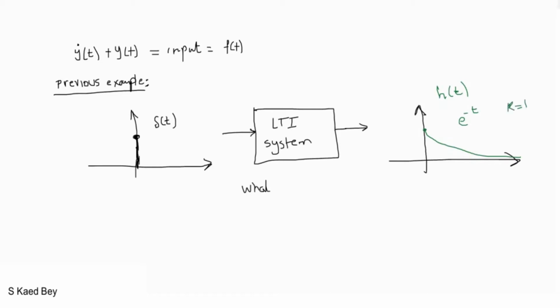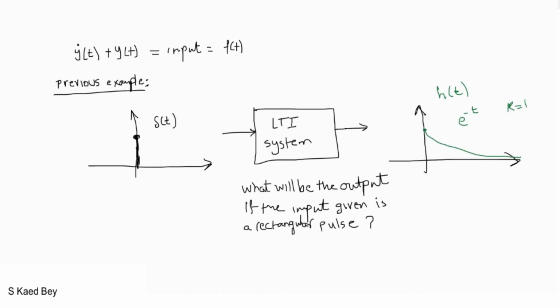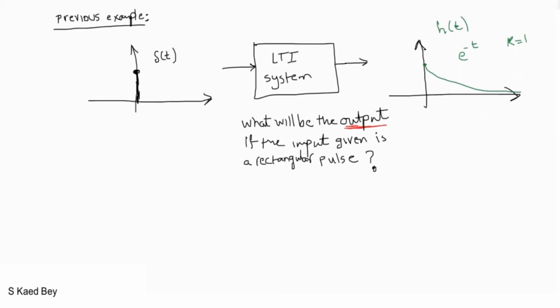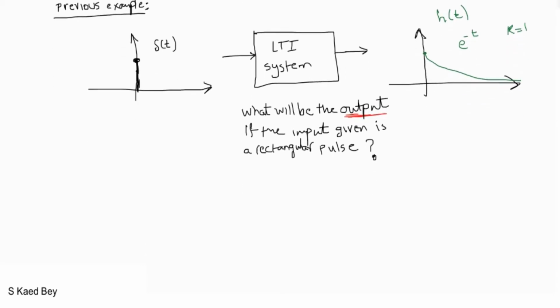For example, what will be the output of our first order water tank level model if the input given is a rectangular pulse, i.e. if the input for our system, which is the volumetric flow rate, has a rectangular pulse looking form, what would be the response of our system?